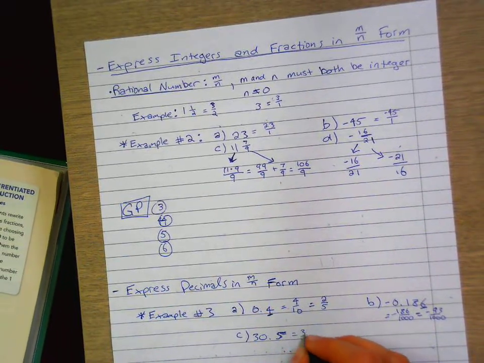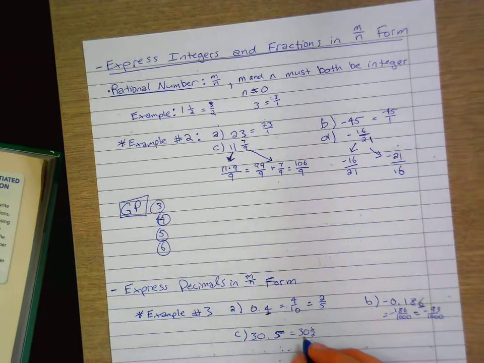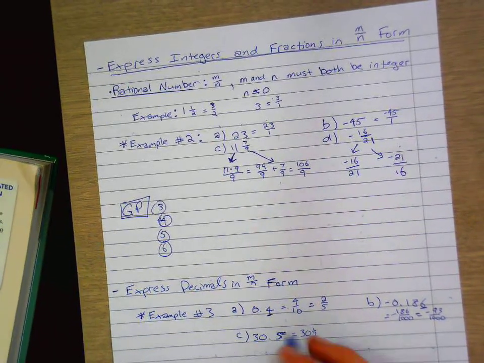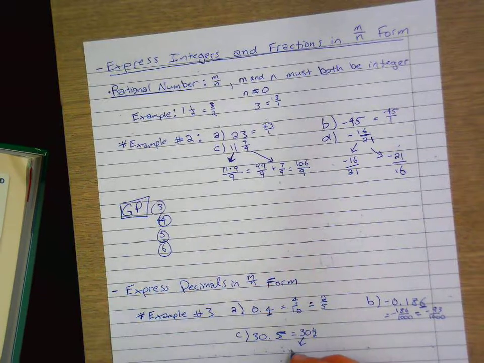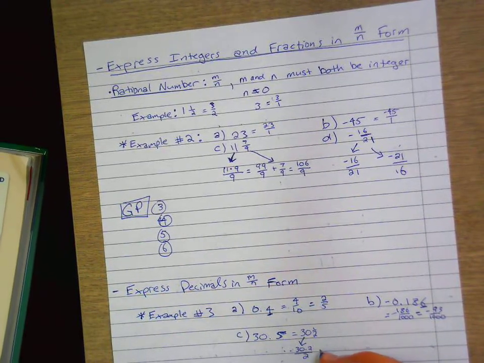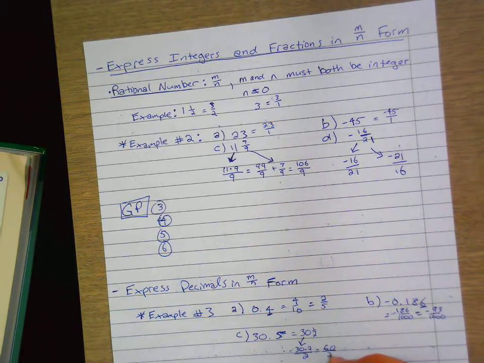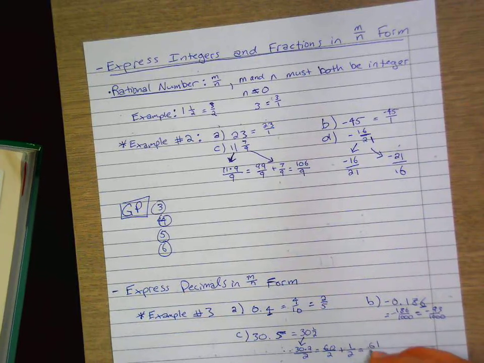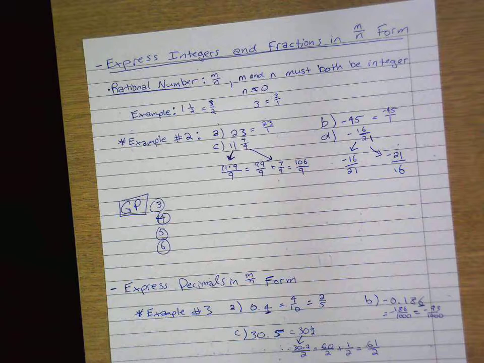To put this into a whole fraction, we can take 30 times 2/2, which equals 60/2, plus 1/2 equals 61/2. So 61/2 is our fraction.